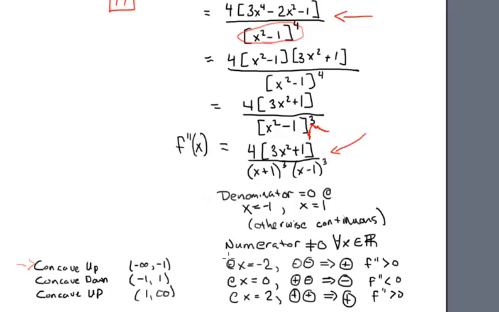For my interval from 1 to positive infinity, if I use a test point of 2, throw 2 into x plus 1, that becomes 3, which is positive. If I throw 2 into x minus 1, that is also positive, so that will be positive. So I have concave up, concave down, and then concave up again.